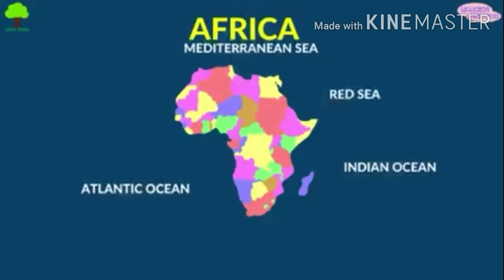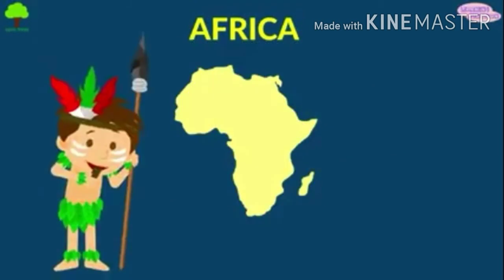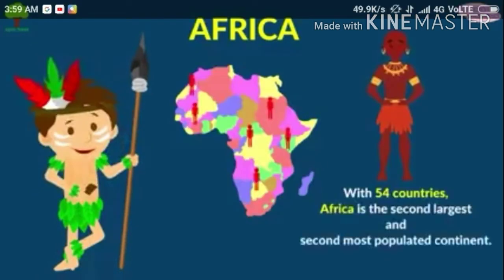The Kalahari and Namib Deserts are in the south. It is also home to the world's longest river, the Nile. What is the world's longest river? Nile. The Nile is also located in Africa.